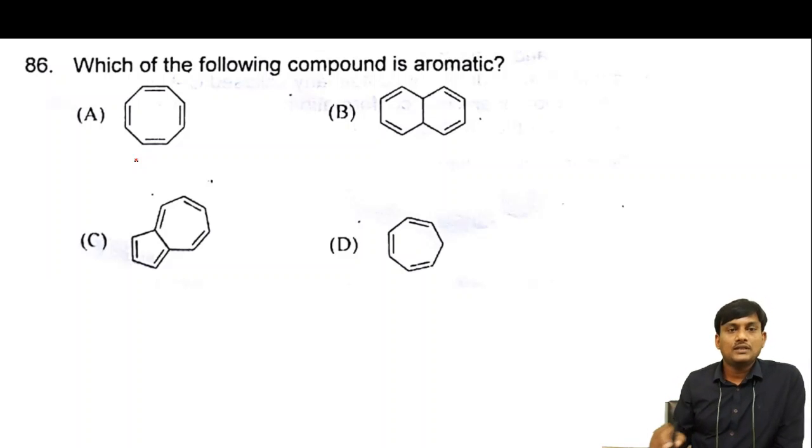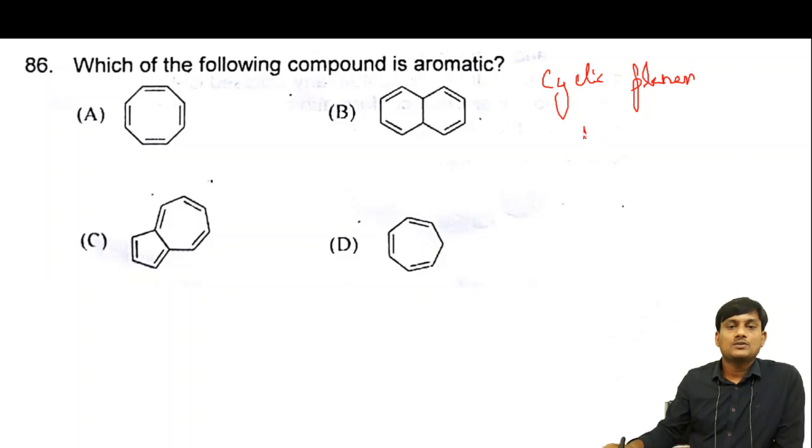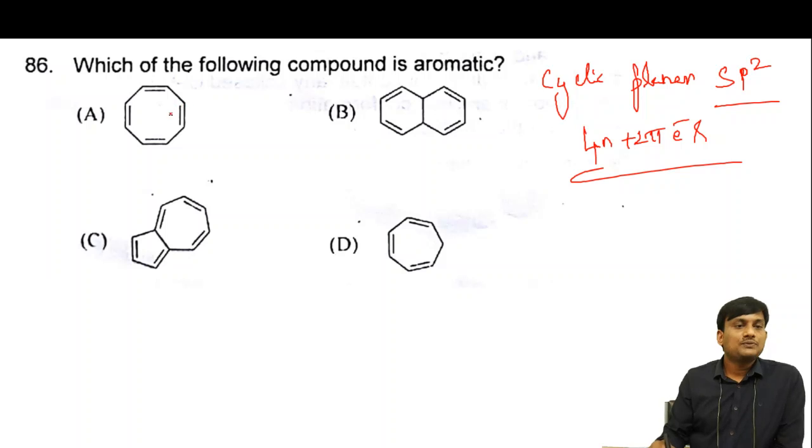Which of the following compounds is aromatic? For aromaticity, the molecule should be cyclic, planar, and should also have 4n plus 2 pi electrons. Planar means all carbons should have sp2 hybridization. Suppose you take this one, with 8 pi electrons, it's a 4n pi system.